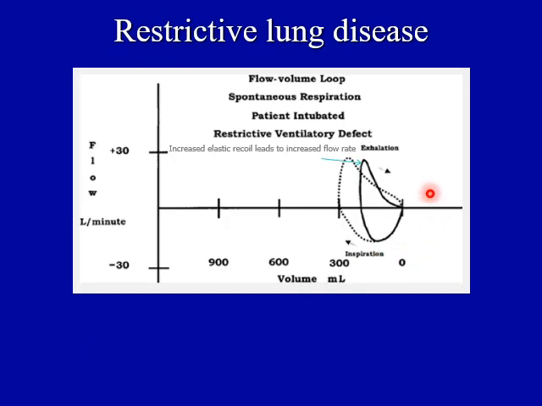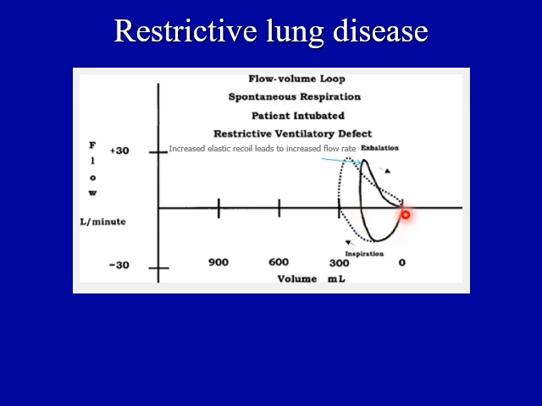Here this dotted line is the normal. What we are seeing appears almost normal, and the flow rate also appears normal, but the volume is decreased. This indicates a restrictive pattern type of lung disease.